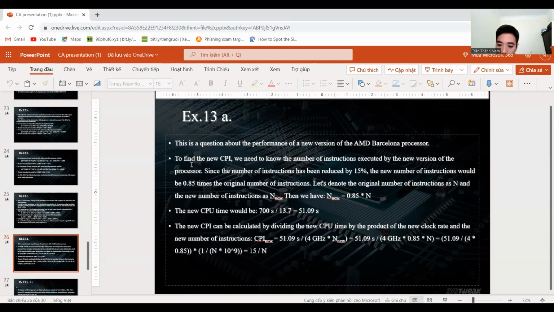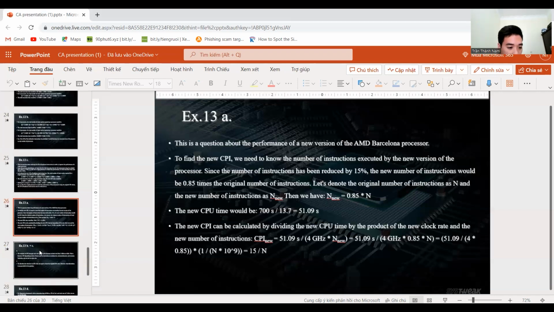Let's denote the original number of instructions as n and the new number as new n. So new n equals 0.85 times n, and the new CPU time would be 51.09 seconds. The new CPI can be calculated by dividing the new CPU time by the product of the new clock rate and the new number of instructions. So the new CPI would be 15.